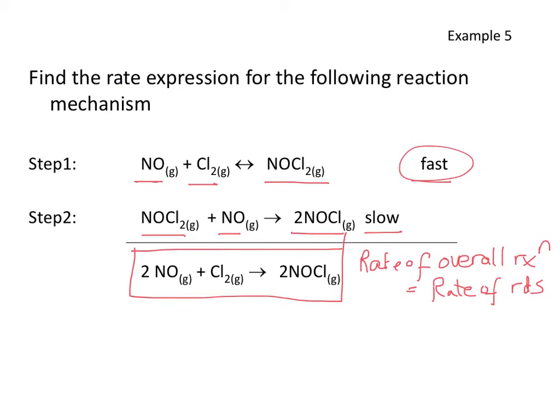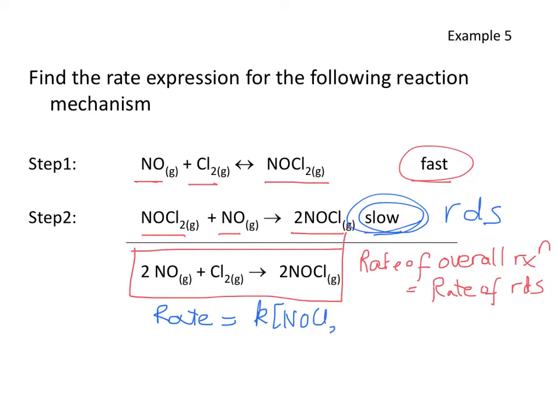It's the slow step, which is the RDS. So for that, I'm going to be able to write rate is equal to k times [NOCl2] times [NO]. Again, notice I'm using the powers as 1 because these numbers are 1, and these are elementary steps, so the molecularity translates into the order.